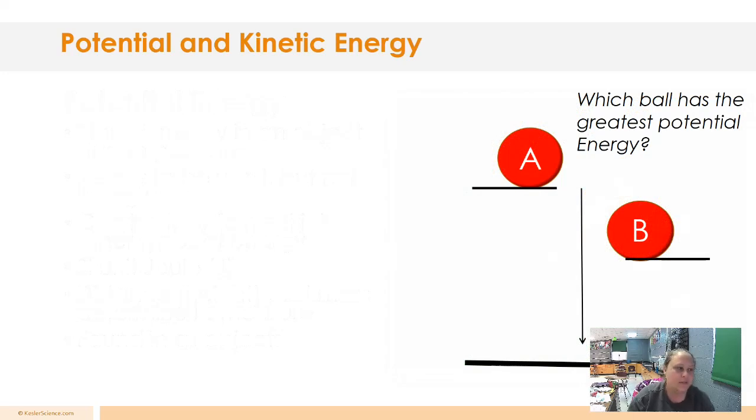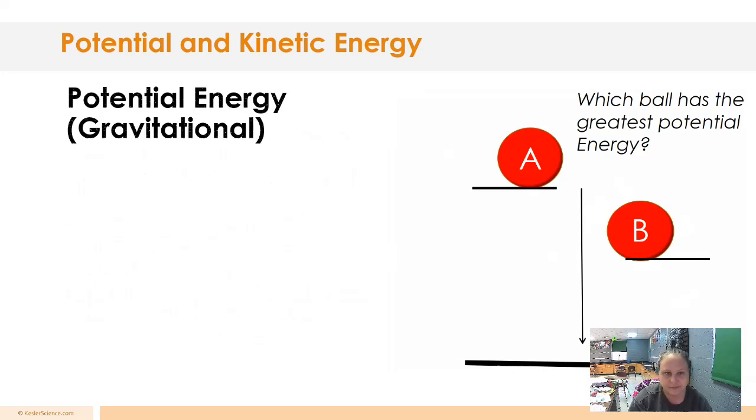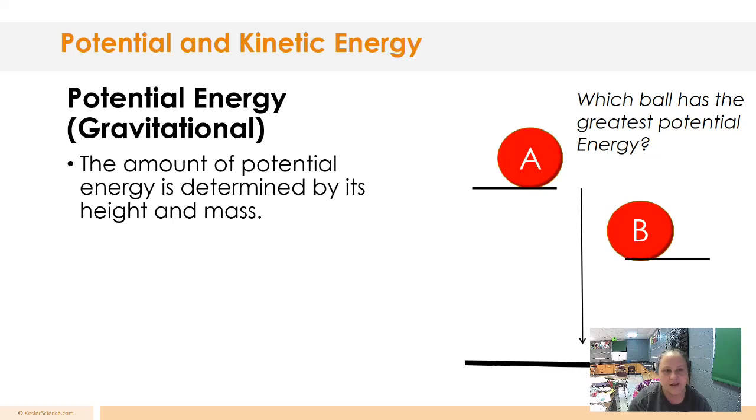So if we look at ball A and ball B, which ball has the greatest potential energy? The amount of potential energy is determined by its height, so how high something is, or its mass, whether it's a bigger mass or not.